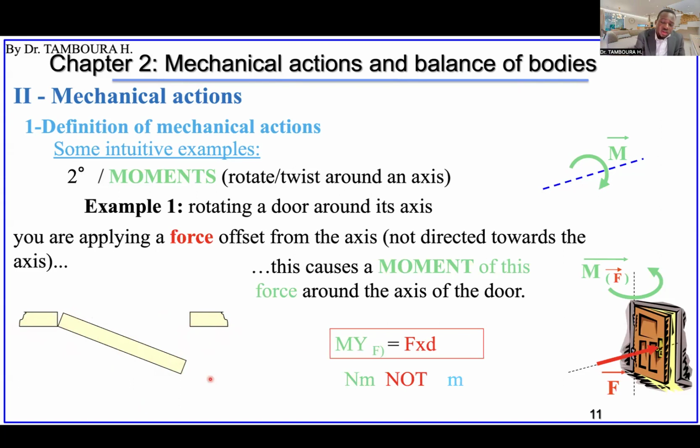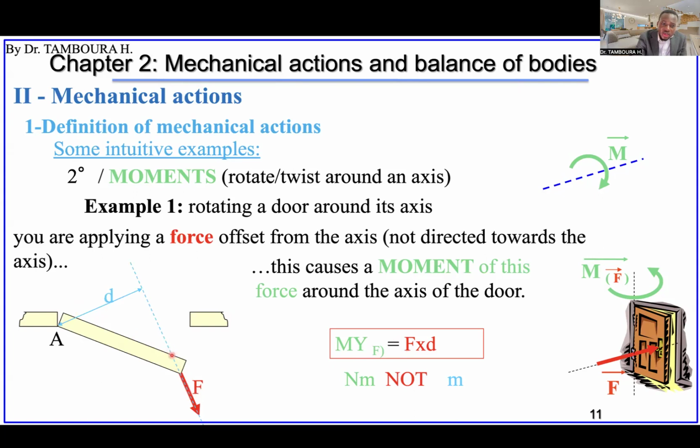So depending on the direction of the force you are applying, you will have a different value of d, because d is just the distance between the rotation axis and the force you are applying. And that distance is just the perpendicular, the shortest distance between these two axes.